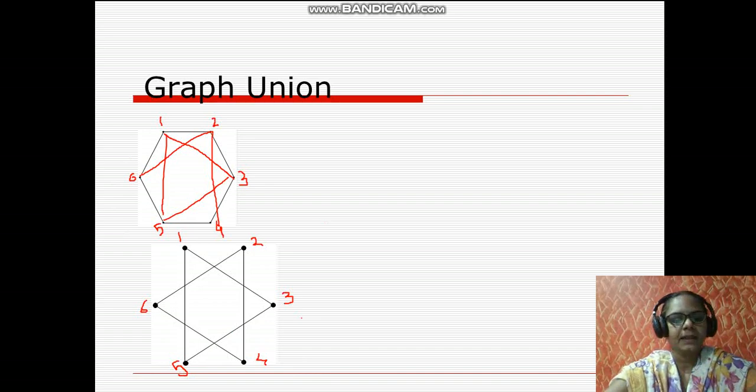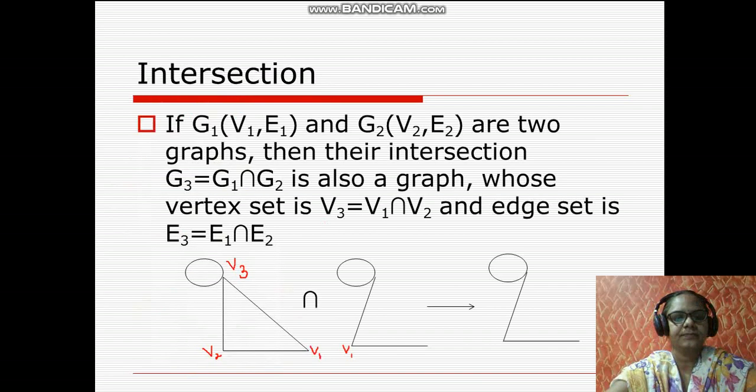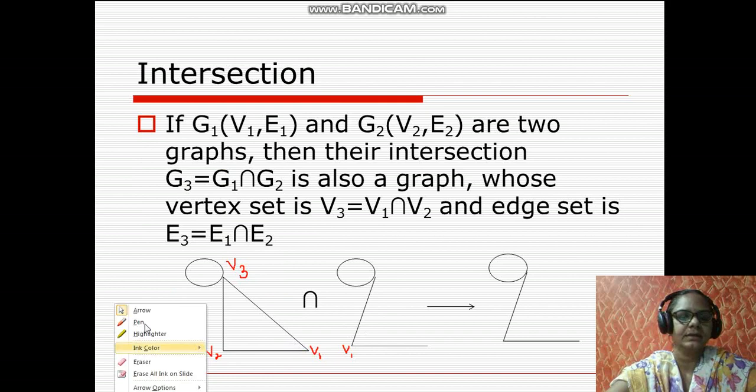Okay, next one is intersection. Intersection means common elements. So let's say this is the first graph, this is the second graph. If you intersect these two graphs, what are the common things which we are having? We'll copy that. Okay, so I'll number it as vertex V3, and this is vertex V1.